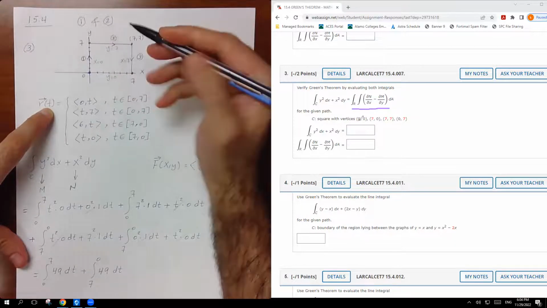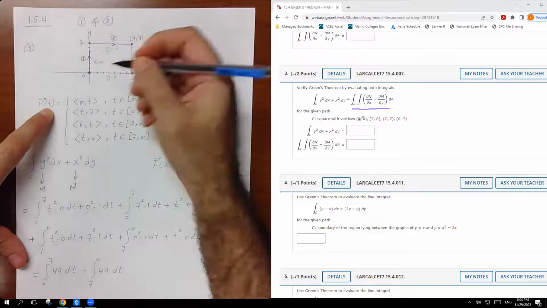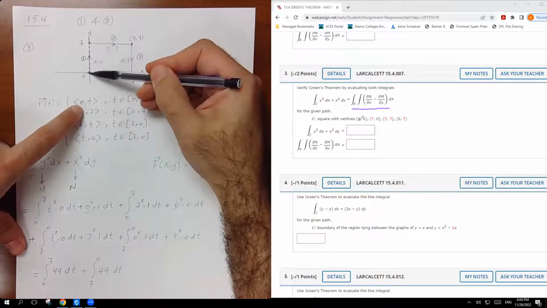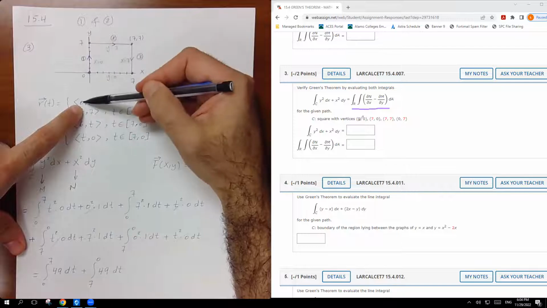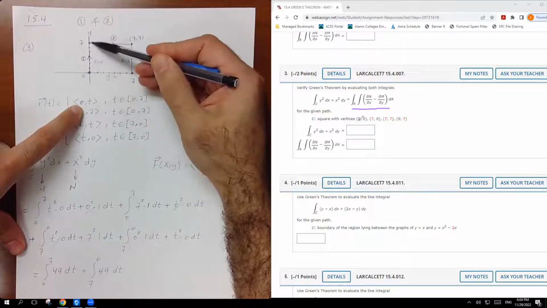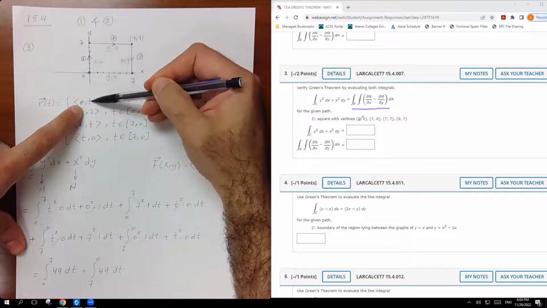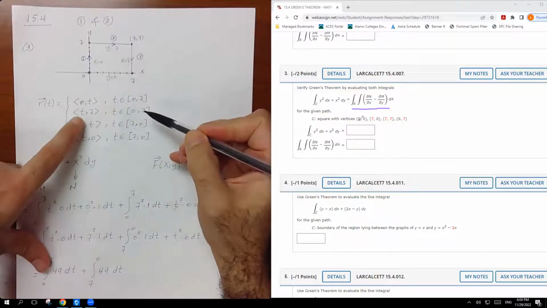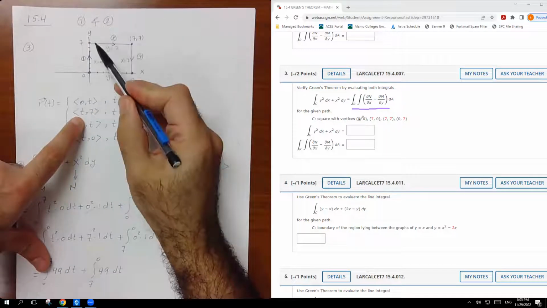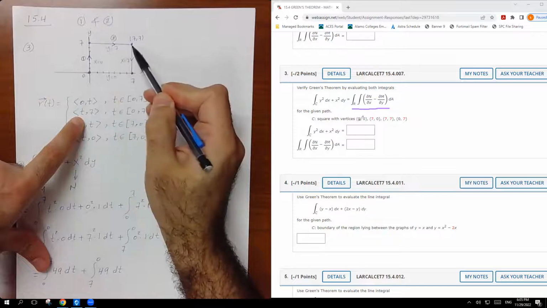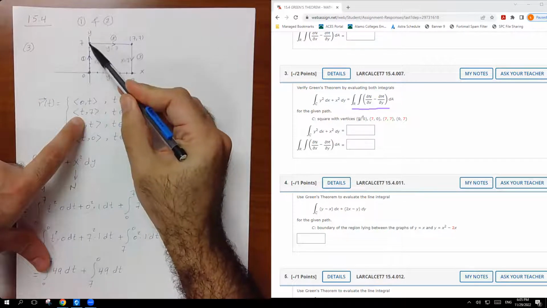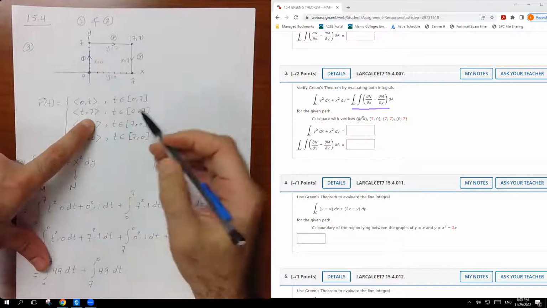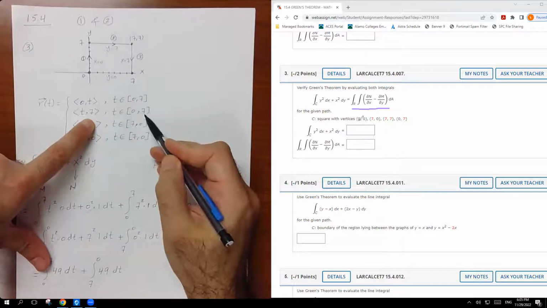I start from the point (0,0). Looking at this path, x is fixed at 0, but the change is going to be on y, so y is going to be t, and t is between 0 and 7. Then the second path, from 0 to 7, x is going to change and y is going to be fixed, with t between 0 and 7.